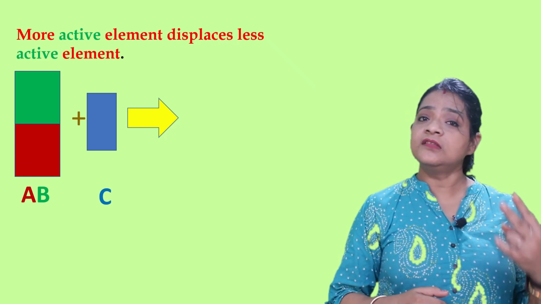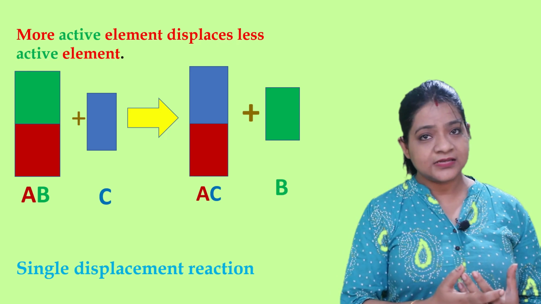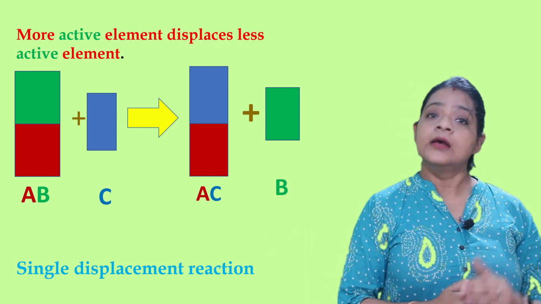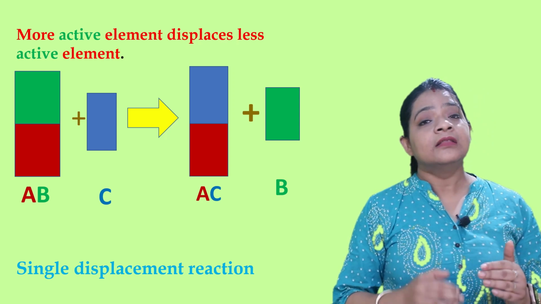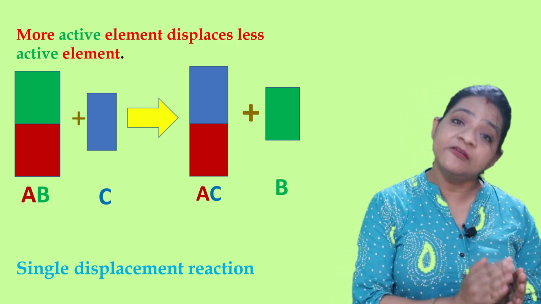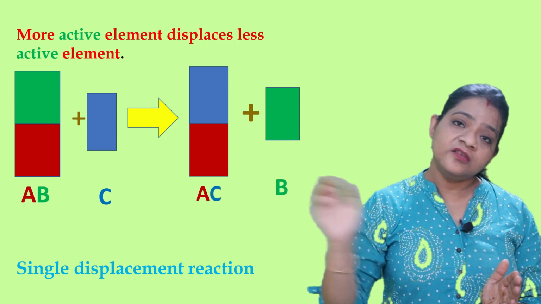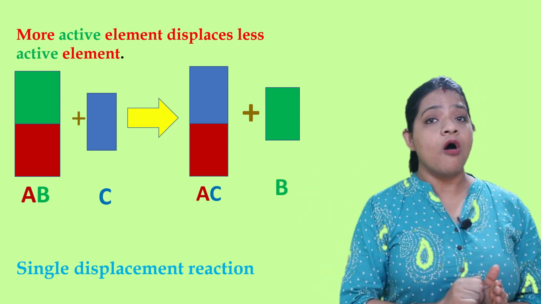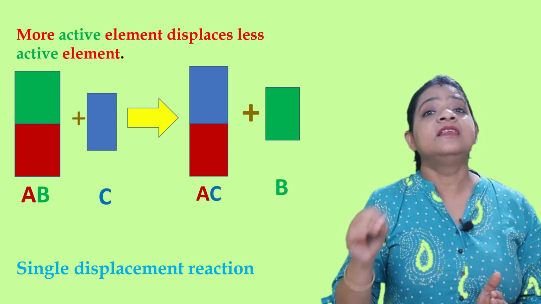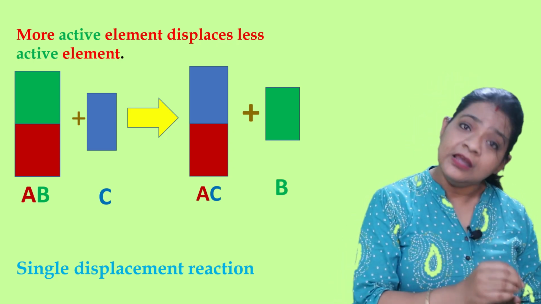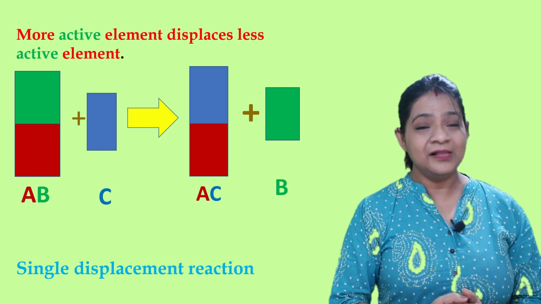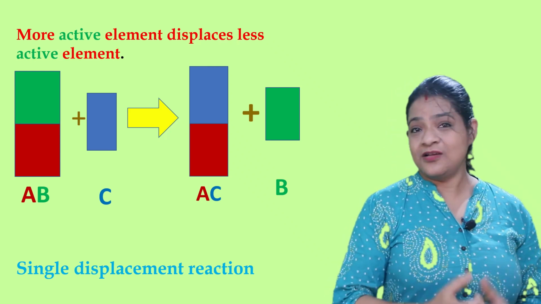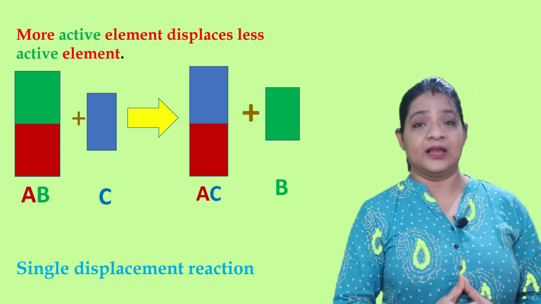When these two reactants react, they give rise to AC plus B. You see that B has been shifted from its original position and C has taken the place of B. That is, C has displaced B from its original position. So this is the beauty of displacement reaction.